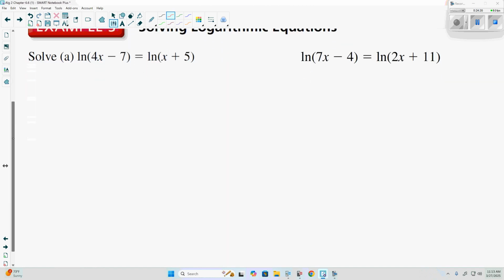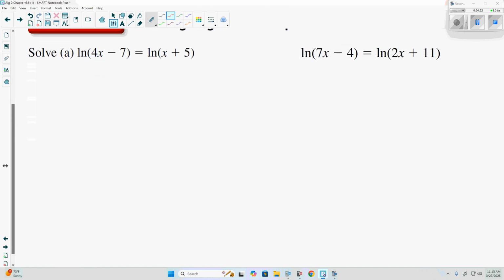So what this is saying is, if we have one log on either side, and it's the same log, the only way this can work is if what's inside both of these logarithms are the same, they are equal. Because if the logs are the same, what's inside them has to be the same.